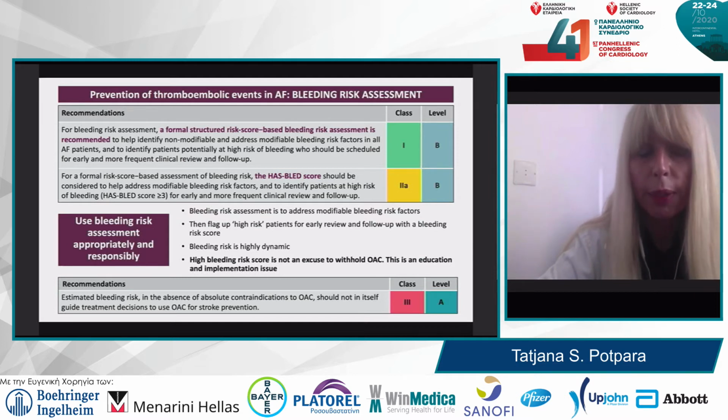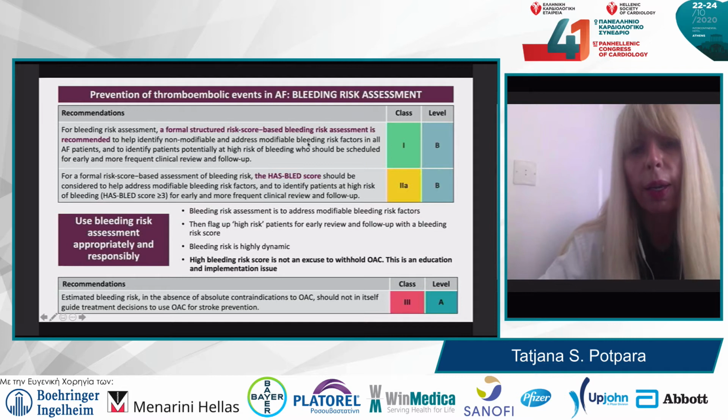First, to identify non-modifiable bleeding risk factors, because such patients should be flagged up for a more frequent, regular clinical follow-up, and then to identify modifiable bleeding risk factors so that such risk factors could be addressed and, if possible, completely corrected.